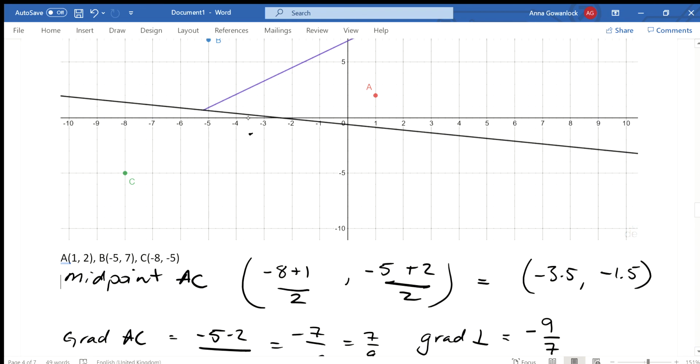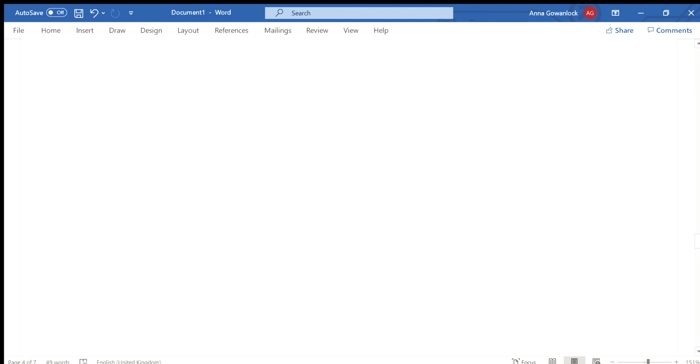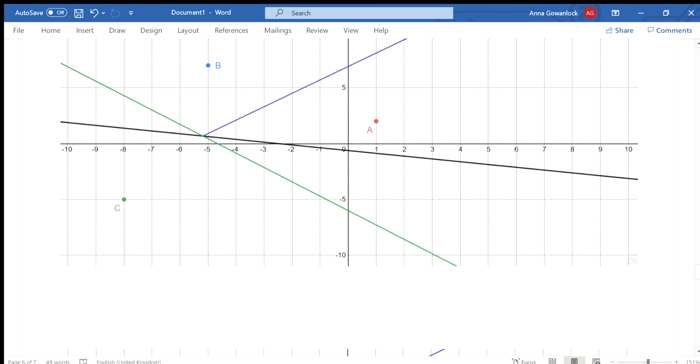We're going to go along 7, so 1, 2, 3, 4, 5, 6, 7, and we're going to go down 9, down 9, 1, 2, 3, 4, 5, 6, 7, 8, 9. And again, you can go this way. For you, it'll be much easier. You can keep your pencil on the paper, plot the 3 points, and then we get this.